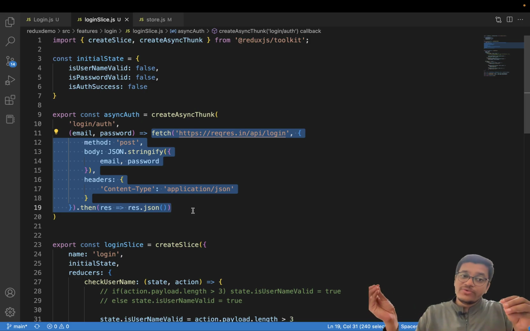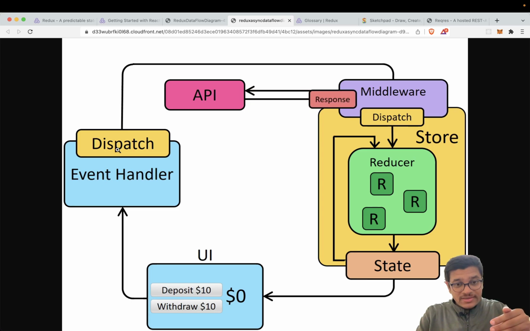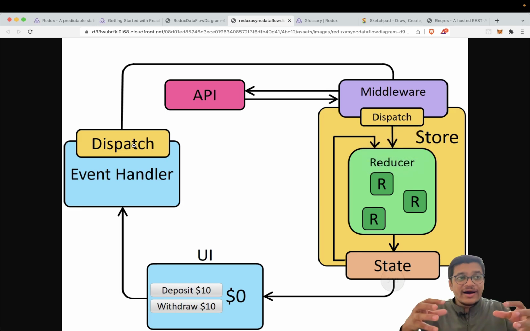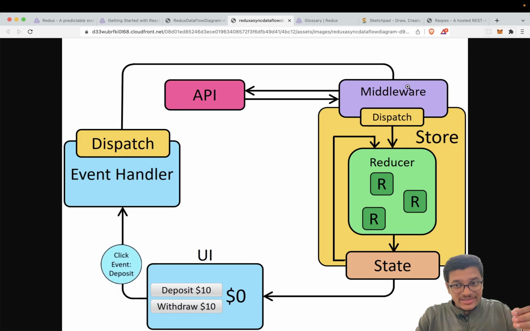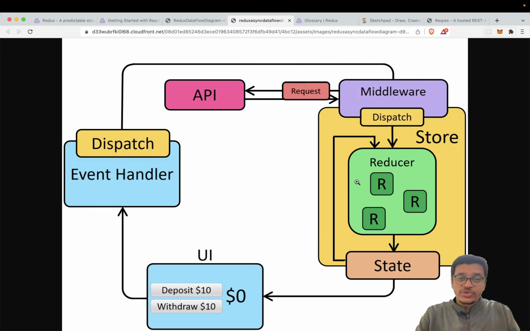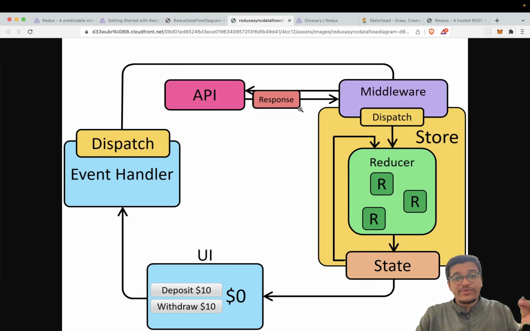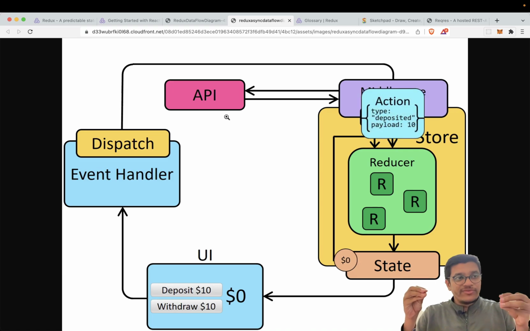Fetch is JavaScript's built-in functionality which will communicate with the server and pull the data, right? So we have seen what we mean by UI. Dispatch functions are dispatching the actions. Middleware is the thunk. Store is the state. Reducers are the functions which give you the new state. So we have implemented the core architecture as well as the advanced middleware architecture.